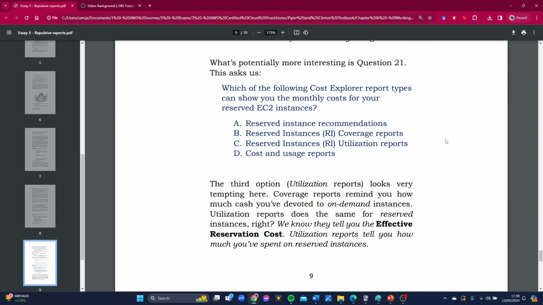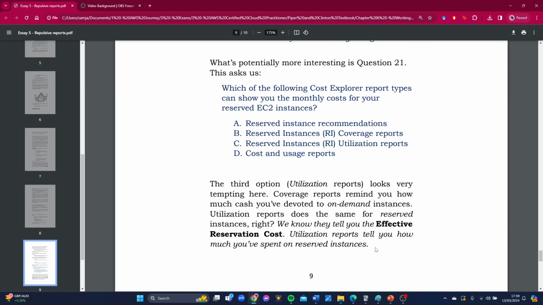Do we remember that? Because we said both coverage reports and utilization reports tell you your costs, but they tell you different costs, right? So coverage reports tell you how much you've spent on on-demand instances, and utilization reports do the same for reserved instances, right? Remember, they tell you the effective reservation cost.